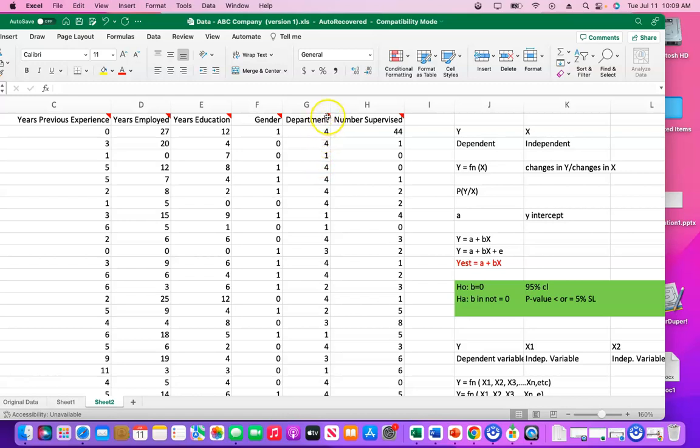And so here we have 4. And if you go here, you will see that 4 is engineering. We have 1, which is sales. And we have 3, which is advertising, and so forth. And here also we have 1s and 0s. And so that means for gender, 0 is for female and 1 is for male. And in this case, we are using what we call a dummy variable. Gender is non-numerical, but we're using a dummy variable to show that if it's not male, then it is female.